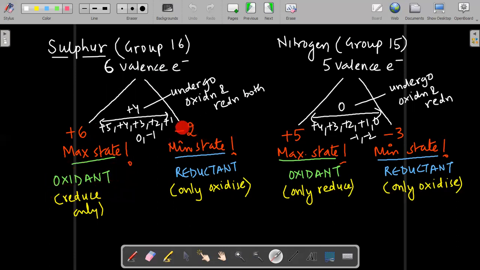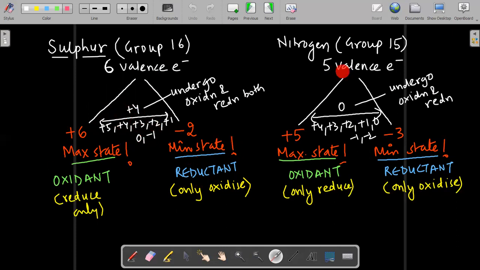If sulfur is present in -2 state, the minimum state, the molecule can only and only act as reductant, है ना? जबकि इनके बीच वाली states आप कोई भी ले लो, starting from +5 to -1, all these values, sulfur कभी भी इन states में present होगा, it can undergo reduction and oxidation both, है ना? Because ये center में है, ये intermediate states हैं, ऊपर भी जा सकते हैं और नीचे भी जा सकते हैं.